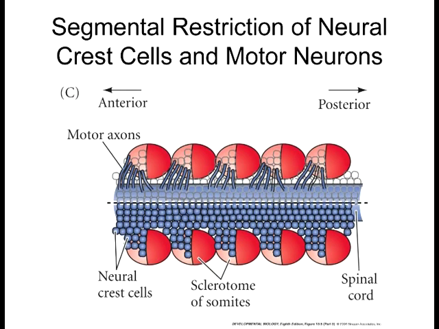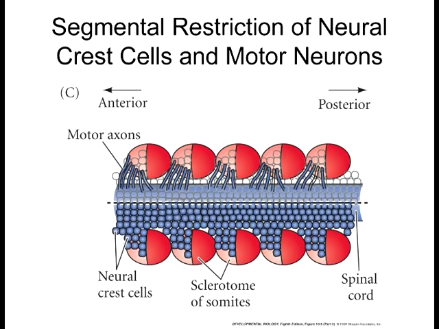This is also true when there are motor neurons, which we're going to talk about a little bit later today. When the motor neurons start projecting their axons out from the neural tube, this is also the same mechanism: you get this repulsion from the ephrin ligand and the ephrin receptor so that the axons cannot migrate through the posterior region of the somite. They can only migrate through the anterior region of the somite.